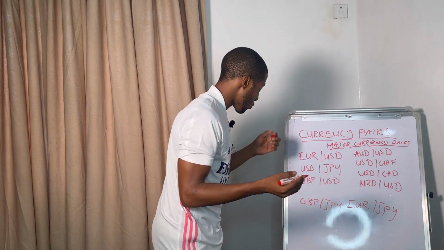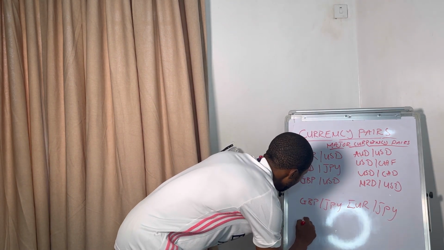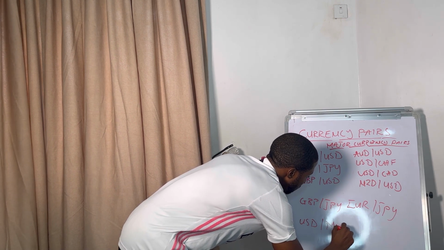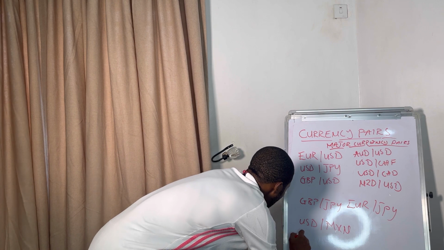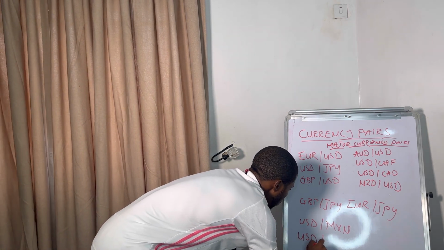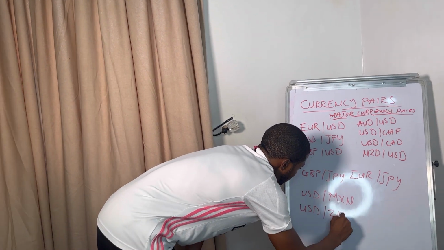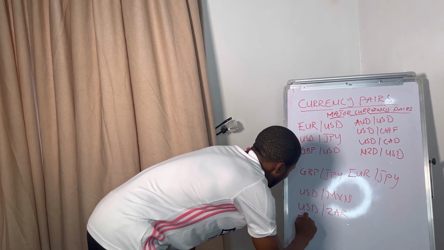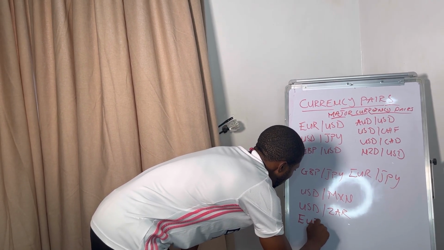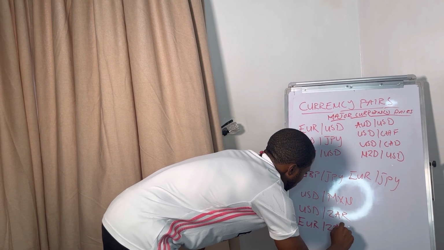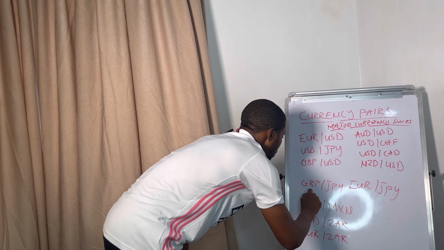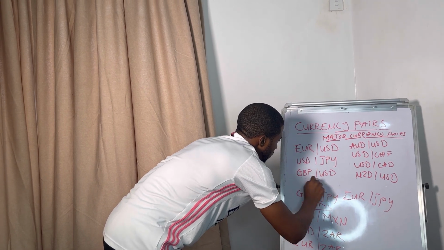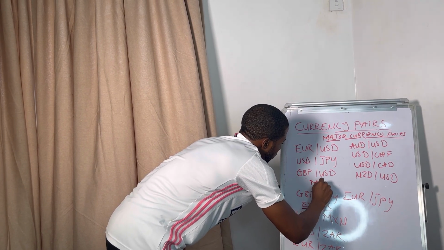Let me give you examples: USD/MXN, Mexican peso; USD/ZAR, South African rand; then GBP/ZAR or EUR/ZAR. These are exotic pairs, and the earlier ones are examples of minor pairs.